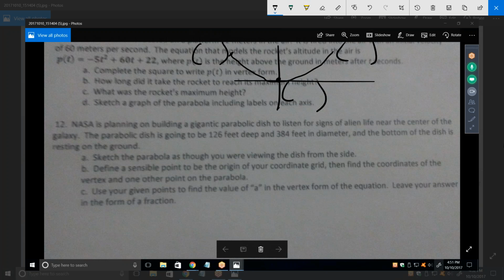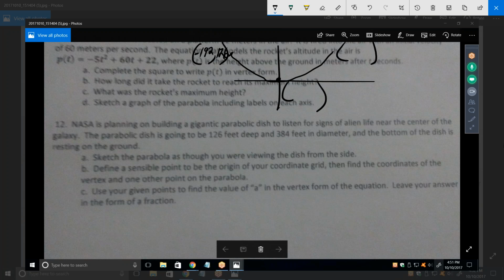So what are the coordinates on that left point? First of all, let's do the horizontal. It's not 384, it's half of that. Oh, right. So it's minus 192. And what's the height? 126.